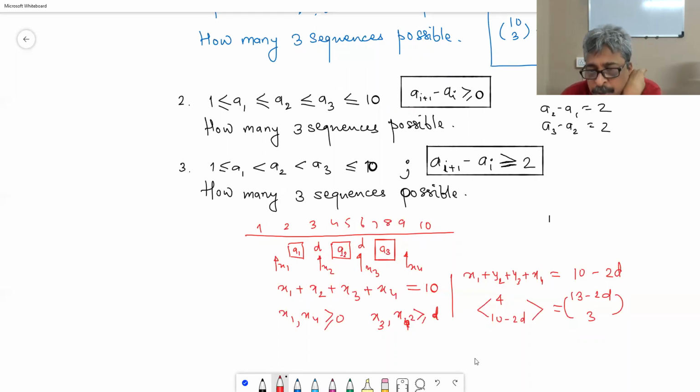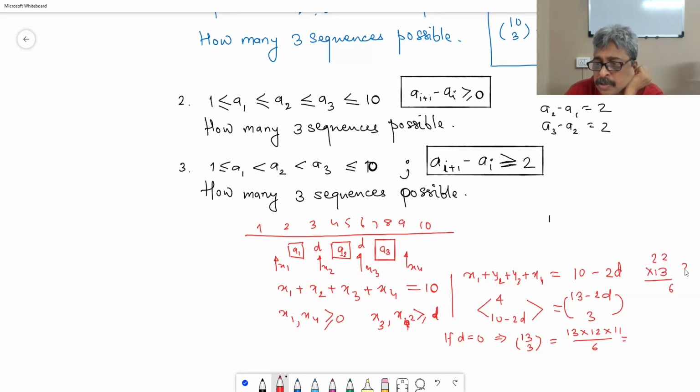Correct? Now let us put D is equal to 0. If D is equal to 0, that means we are solving the second problem. Then our answer should be as per these calculations 13 choose 3, which is 13 into 12 into 11 upon 6, which is equal to 286.